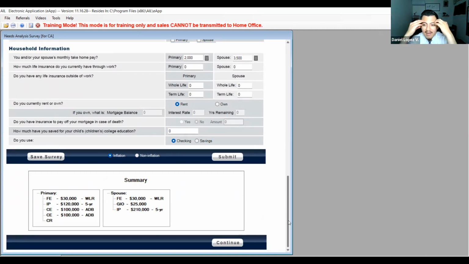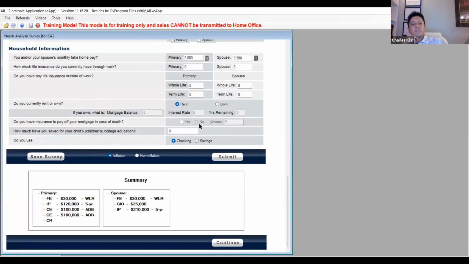Most people don't know words like whole life, term life, decreasing term. They're not familiar with it. So the company wants to make this basic for them. But we know that if we can figure out a way to explain to the client whole life versus term in the simplest way possible, they're going to understand it. I'd rather do that and be honest with them and give them something that they really understand and really know how to use.